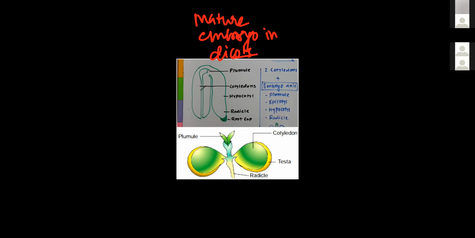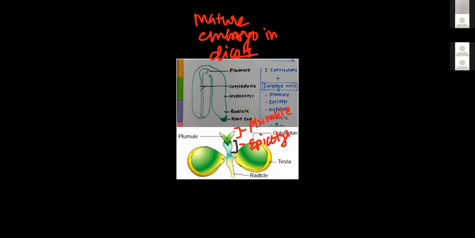Now, the region of the embryo axis just above the level of the cotyledon is this one. It is termed as epicotyl. This is termed as epicotyl. It terminates into the next structure at the tip, and that is called the plumule.